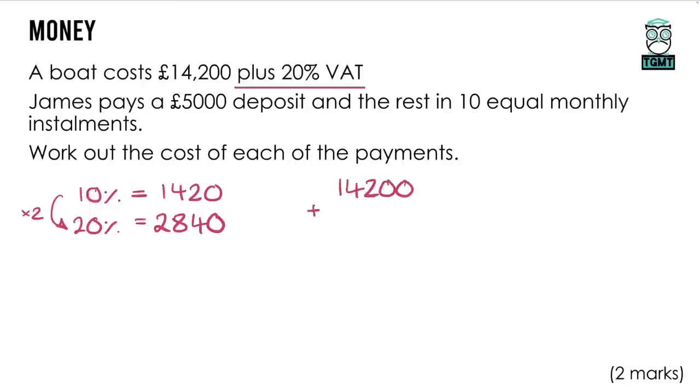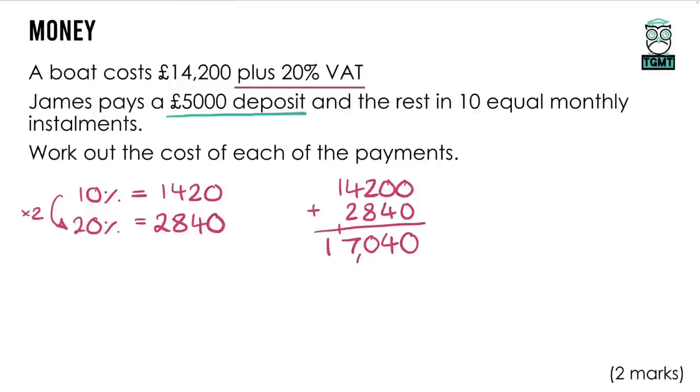So 14,200 plus 2,840, adding those together and showing our working, 0, 4, 10, 7, and then 1. So £17,040.